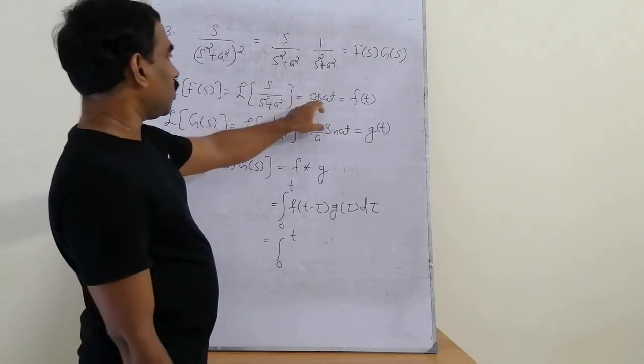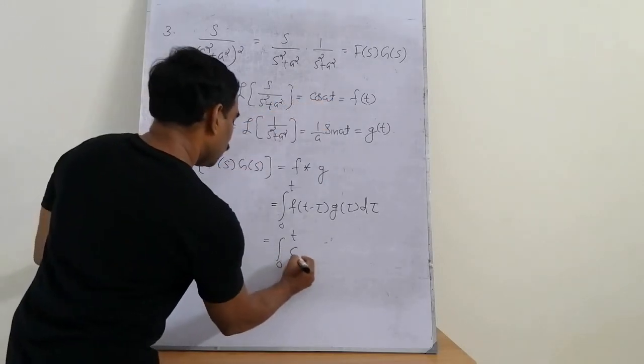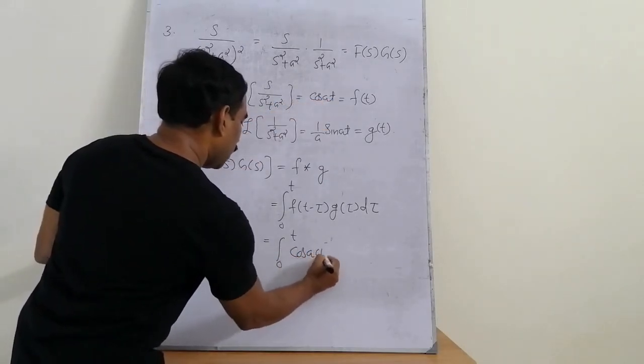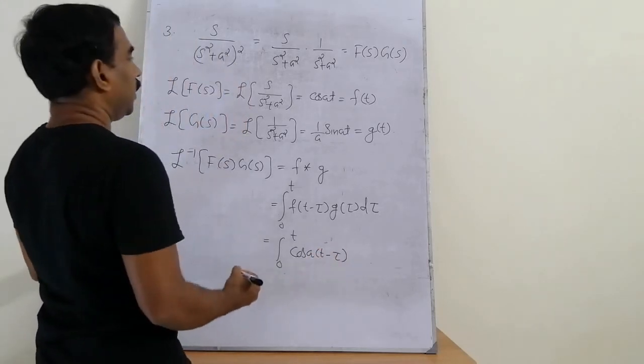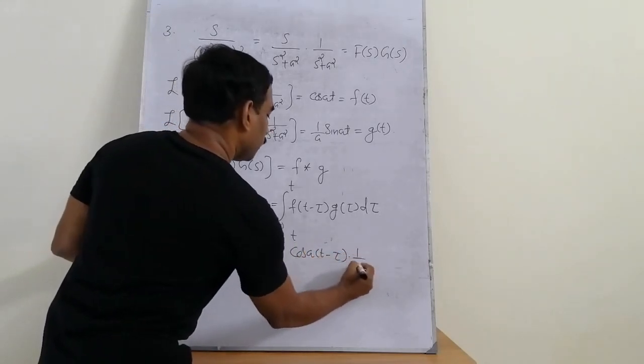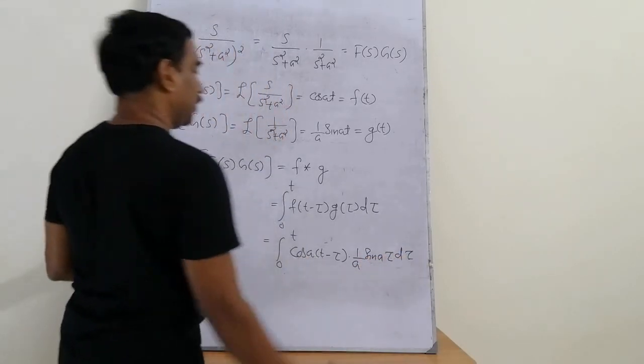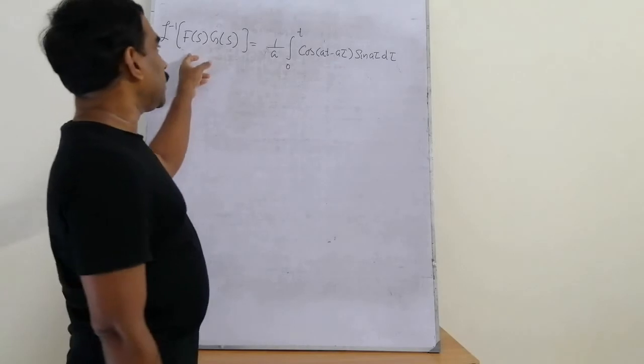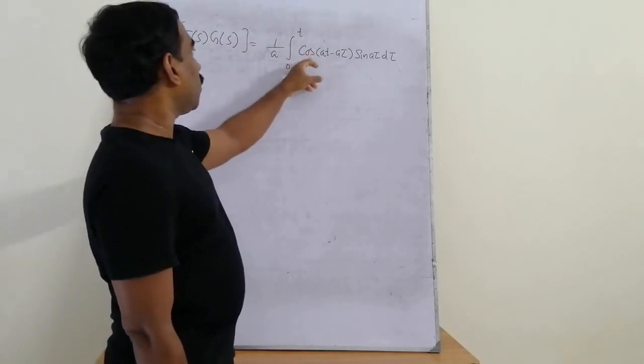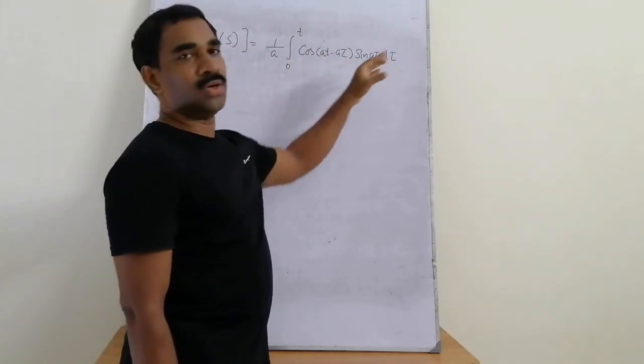What is f(t minus tau)? Cos of a into (t minus tau), and g(tau) is 1 by a sin a tau d tau. That is, L inverse of F(s) G(s) equals 1 by a into the integral 0 to t of cos a(t minus tau) sin a tau d tau.